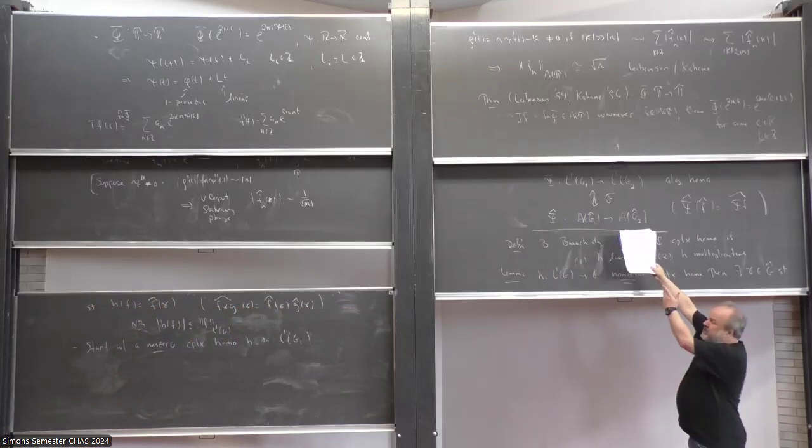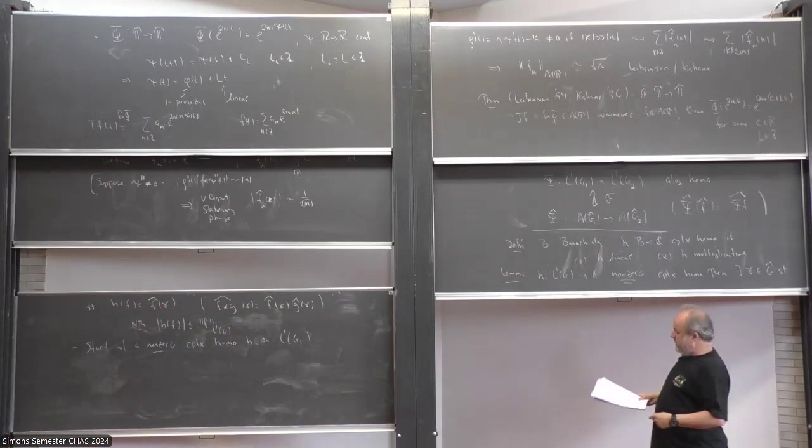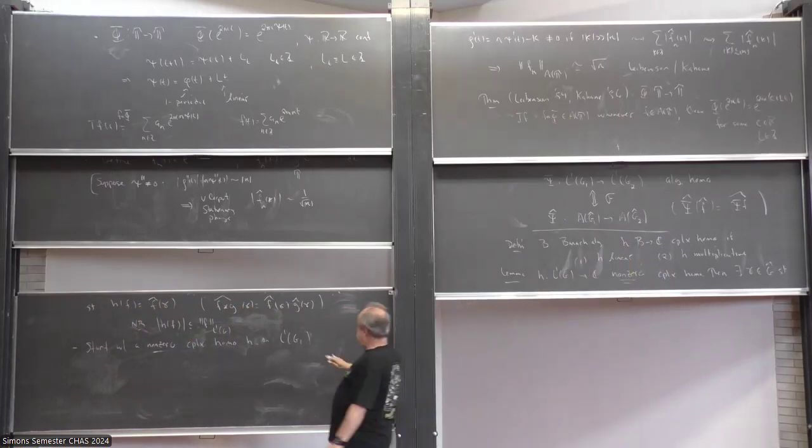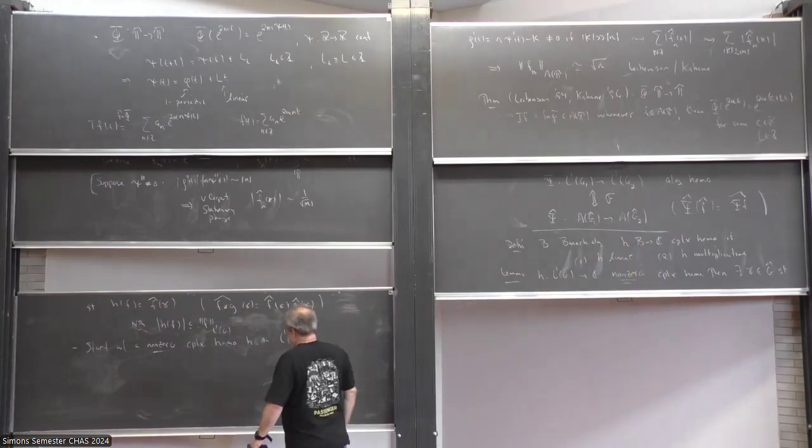So let me take a non-zero complex homomorphism, this goes backwards, on L1 of G2.